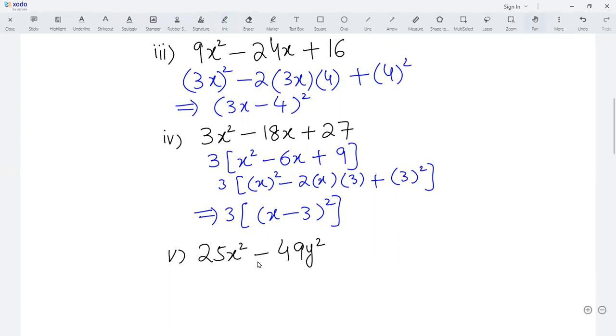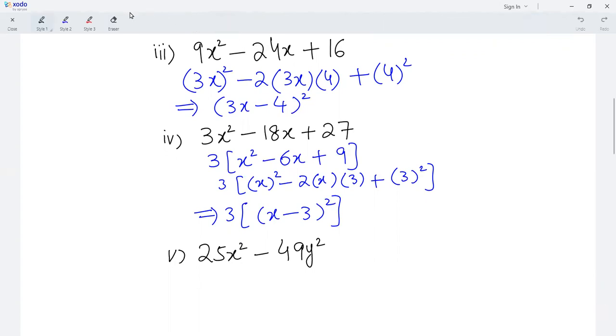There are two terms, so apply the third identity. And those two terms must be completely squares of something. Otherwise, we can't apply. So 25 is a perfect square. It's square of 5. X squared is a perfect square. It's square of x. Right, write down in brackets. And minus 49 is square of 7 and y squared is square of y and whole squared.